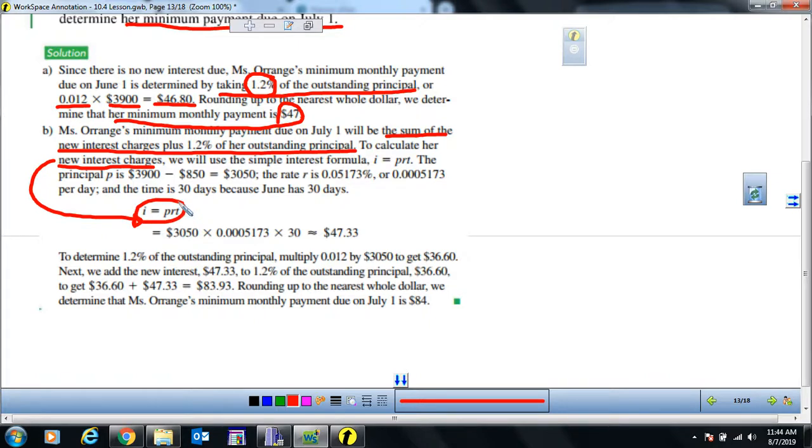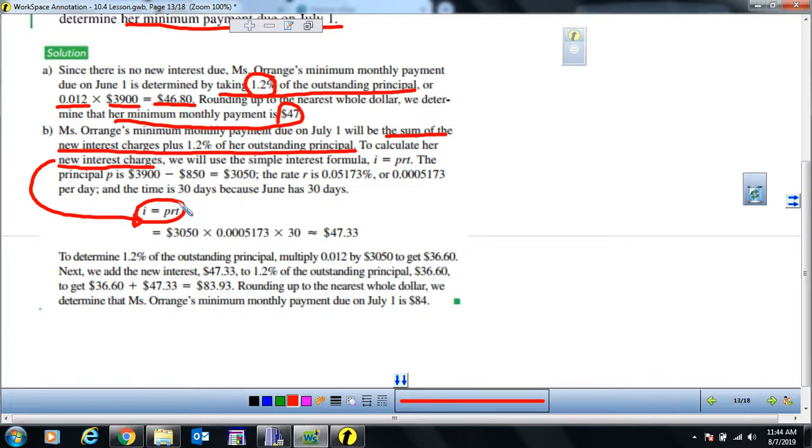The interest equals the principal times the rate times the time. The principal is what she purchased with the credit card, $3,900. You're going to subtract from the principal the payment that she's giving on July 1st, $850. So her balance would be, without any interest, right?